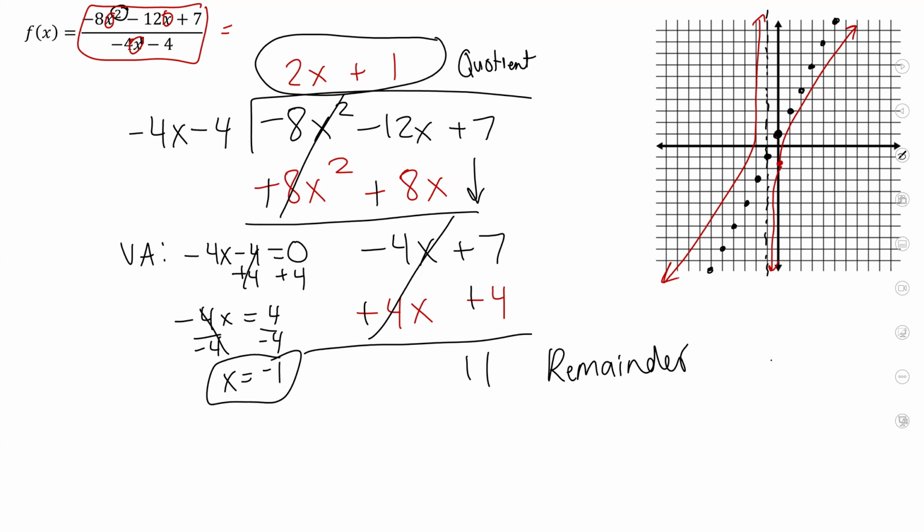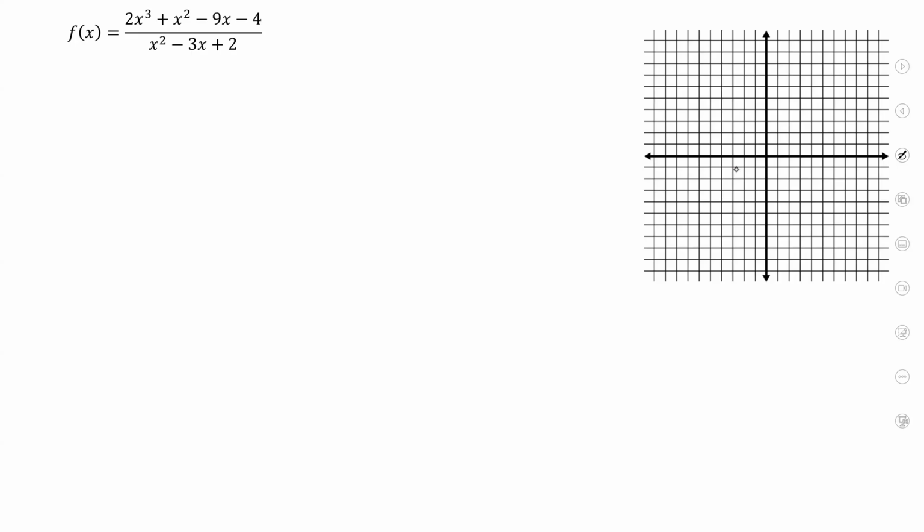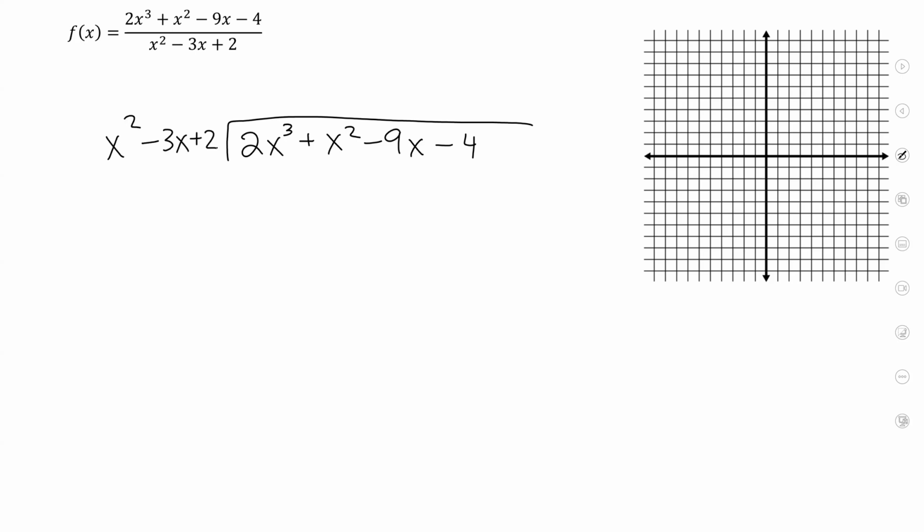Next example. Next example, write it down, please. We have 2x cubed plus x squared minus 9x minus 4, over x squared minus 3x plus 2. Okay.